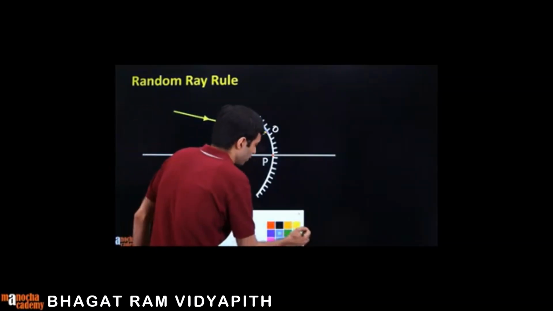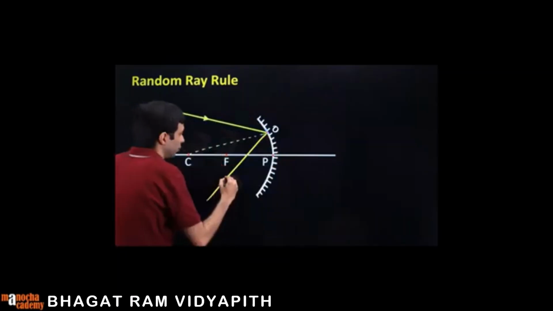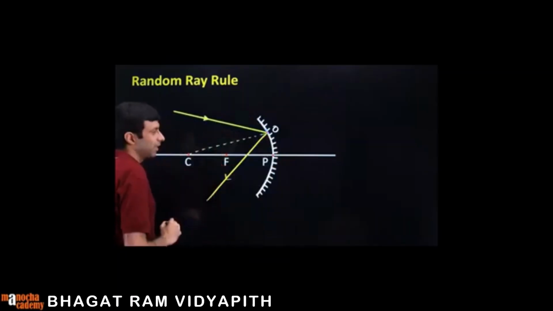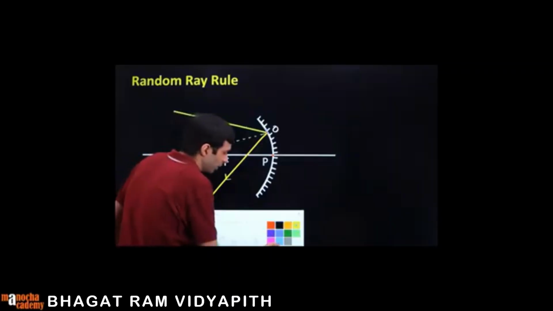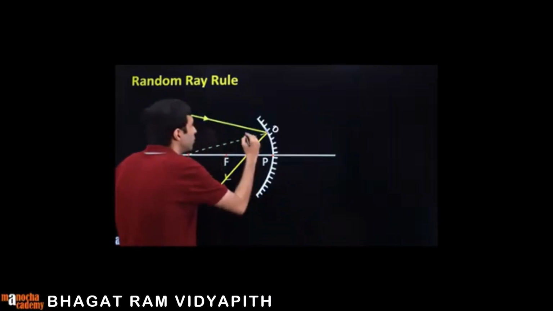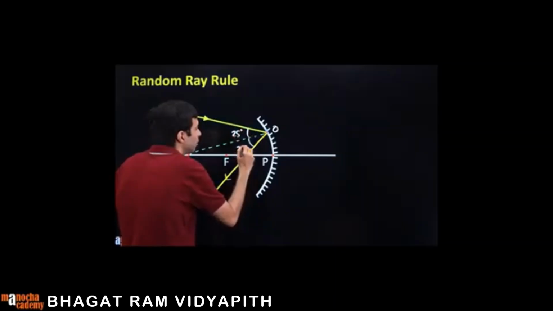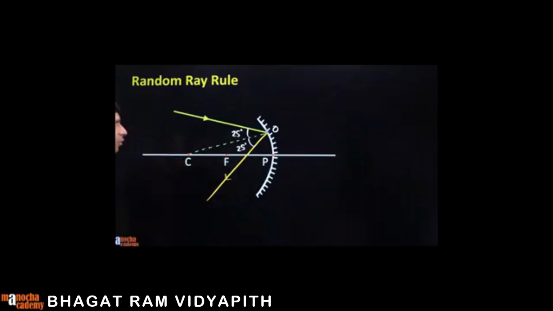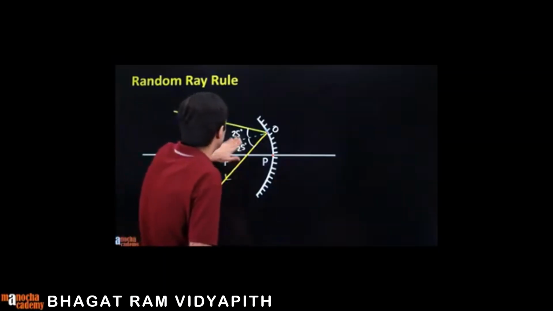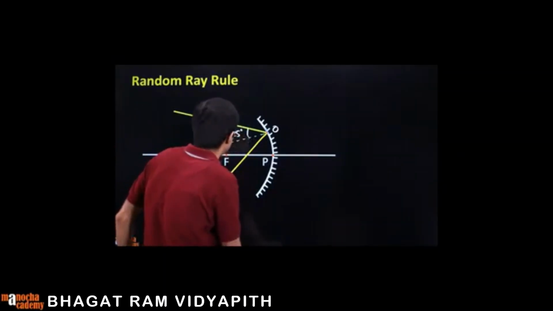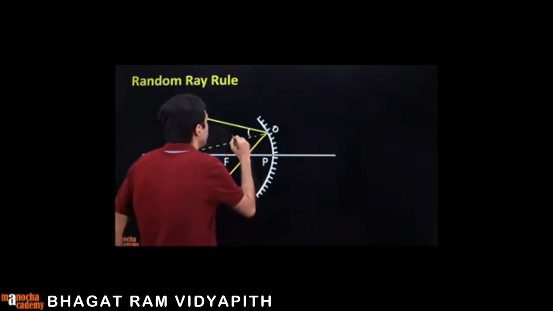So after reflection, you guys can guess it is going to go like this, where what you can do is to measure it accurately. Suppose this angle was 25 degrees, then this angle will also be 25 degrees. Do you guys agree? It looks a little larger than that. So let's just say this is a 30-degree angle or 40 degrees.